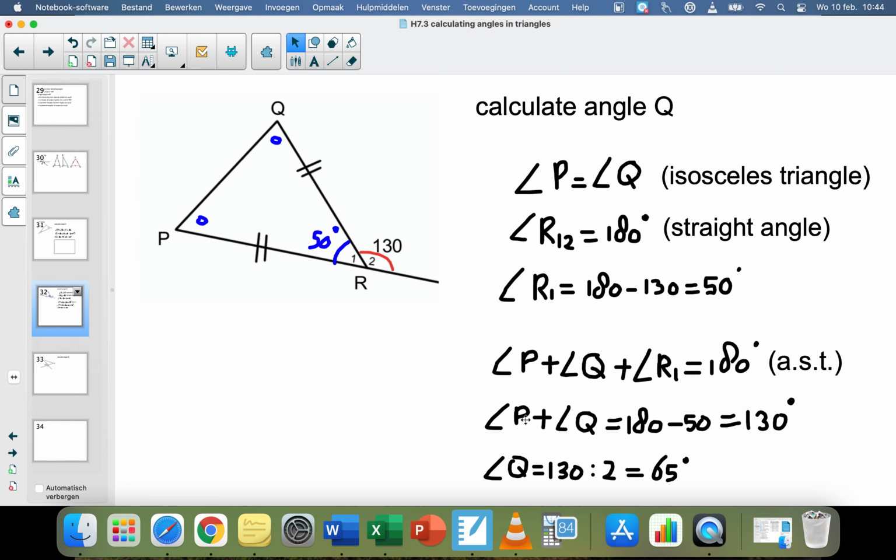You can also put it here, but you have to put it somewhere, because now we know P and Q together are 130 degrees, and we know they are equal, which means that both of them have to be half of the total of P and Q. So angle Q is 130 divided by 2, and that's 65 degrees. So angle P is also 65 degrees, but in this case the question was angle Q, so we just write down angle Q. But that's because we already wrote down that P and Q are the same, so we have to add that to it.